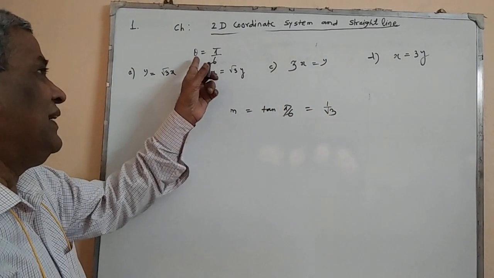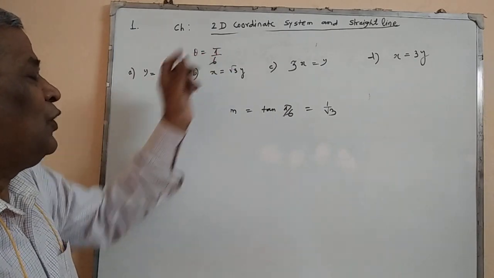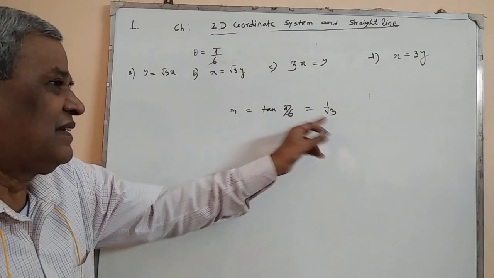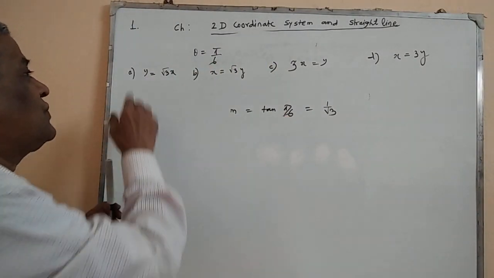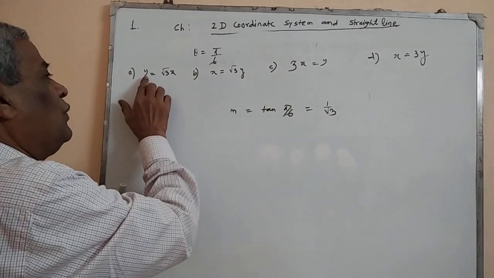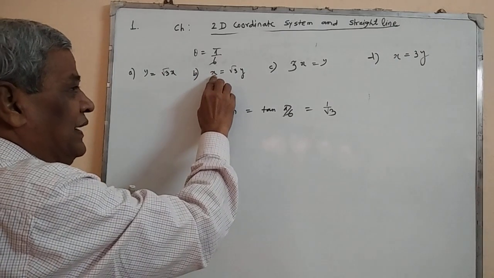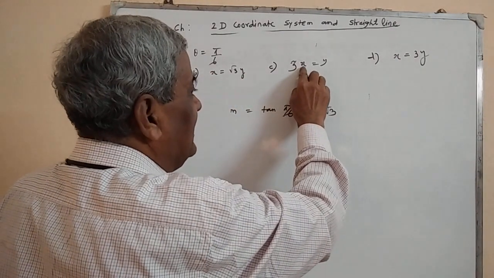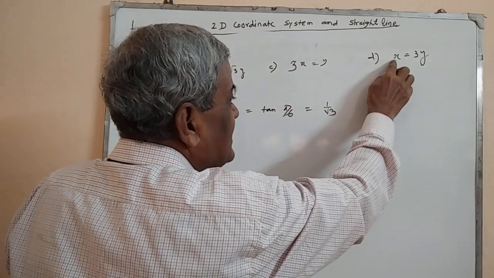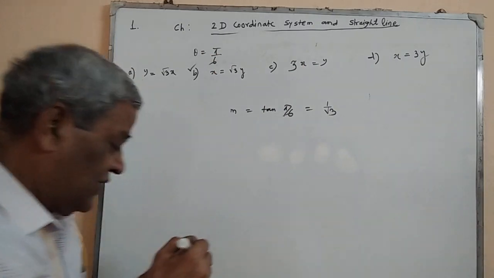This is the gradient of the straight line whose polar form is theta is equal to pi by 6. Now, by observation, among the options, y is equal to root 3 x has gradient root 3, the next has gradient 1 by root 3, the next 1 by 3, the next 3. So the option is this, the answer is this.